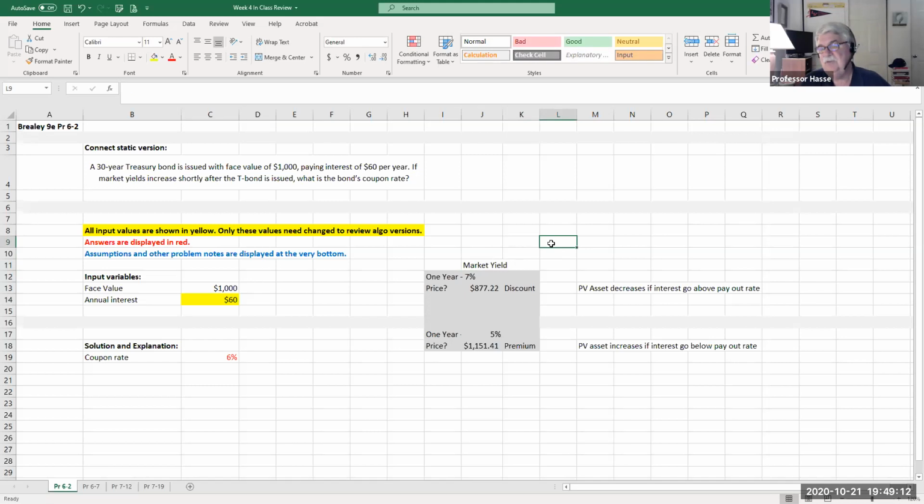So if somebody tells you, hey, the market yield is higher than the coupon rate, then you'll say, oh, okay, it's worth less. It's at a discount. If the market yield is below the coupon rate, oh, it's at a premium. It's worth greater. The present value of an asset is valued at what the market dictates its present value is.